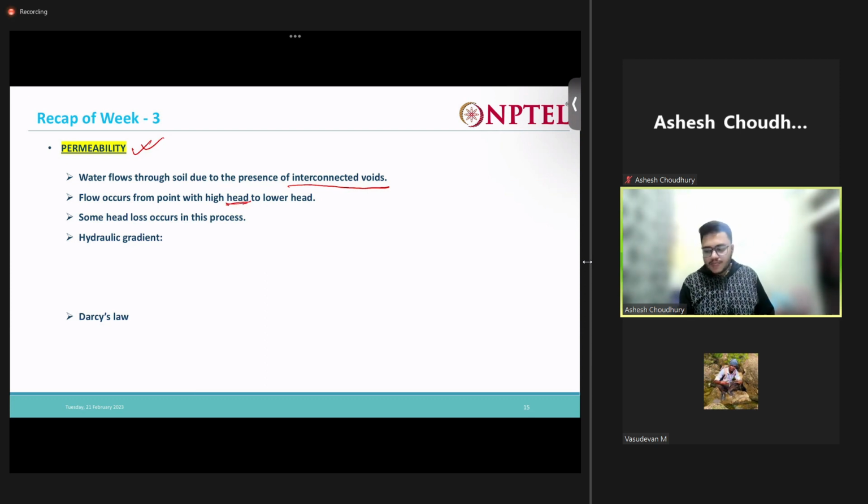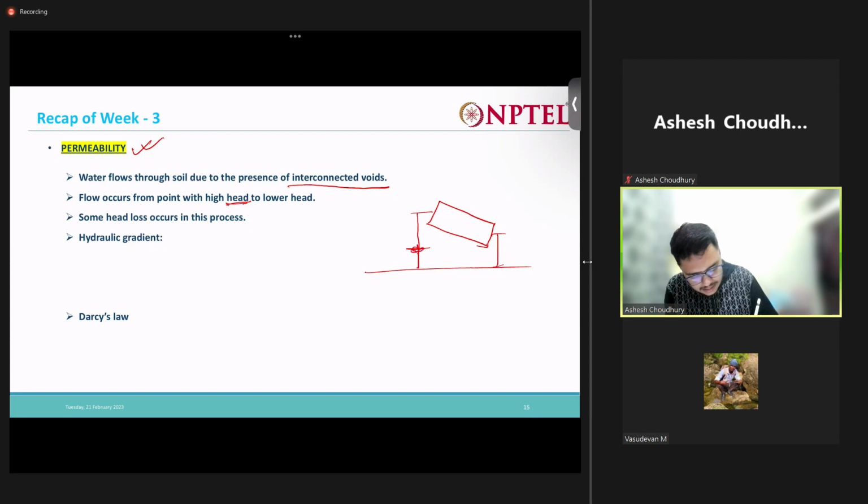Say this is a soil mass. This is my point A, point B. The head here is HA, the head here is HB. So water flows from this point to this point, and in this process there is some head loss. At this point the head is higher, and at this point the head is lower, so the water will flow.